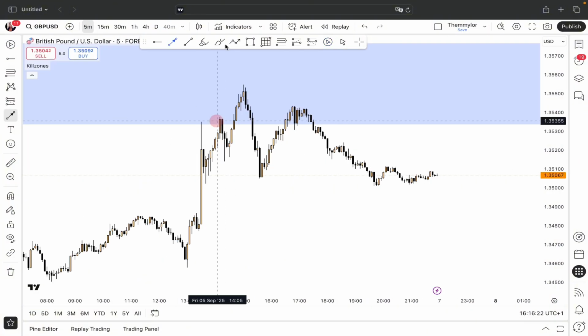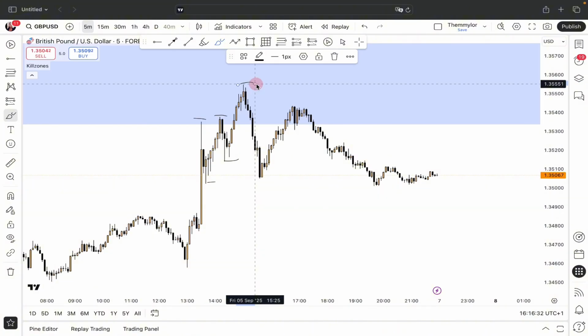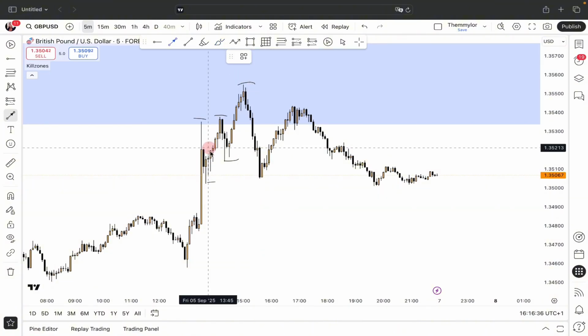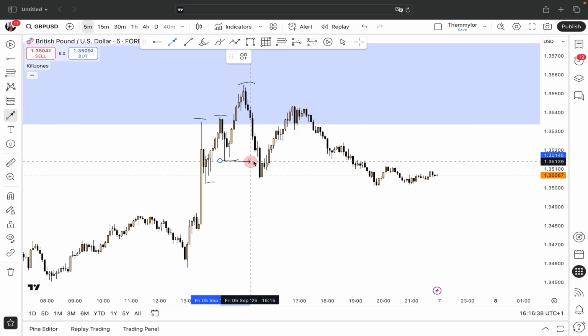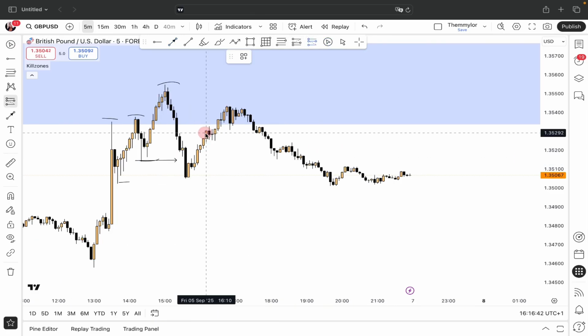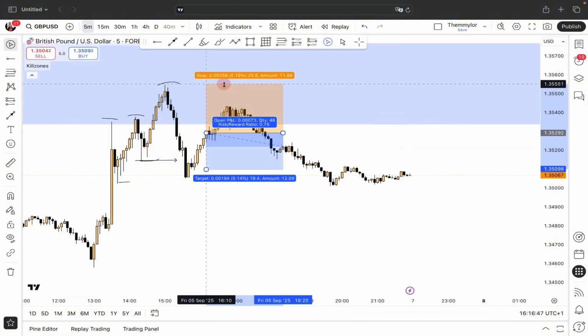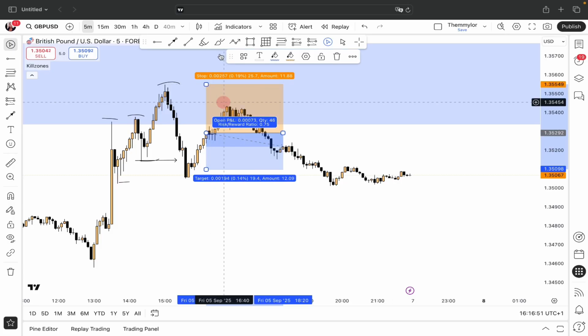As you can see, we had this high, market came down, pushed back up to this high, created this low, then pushed up to this high, still inside the higher time frame supply, and with this we have a break of structure. So I got into a sell trade back, and once we have a break of structure, remember this will be our new zone to trade from.